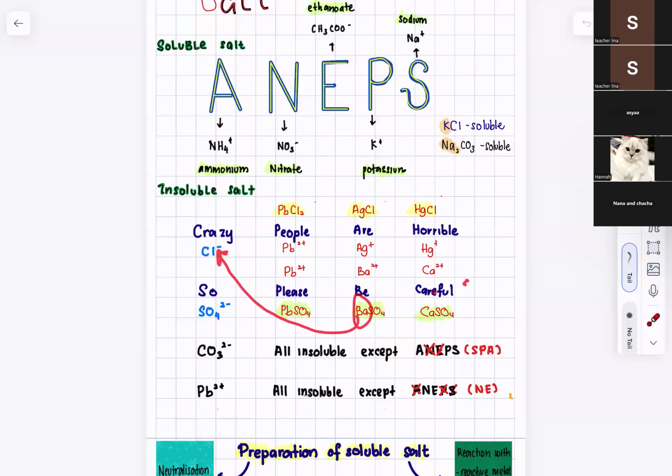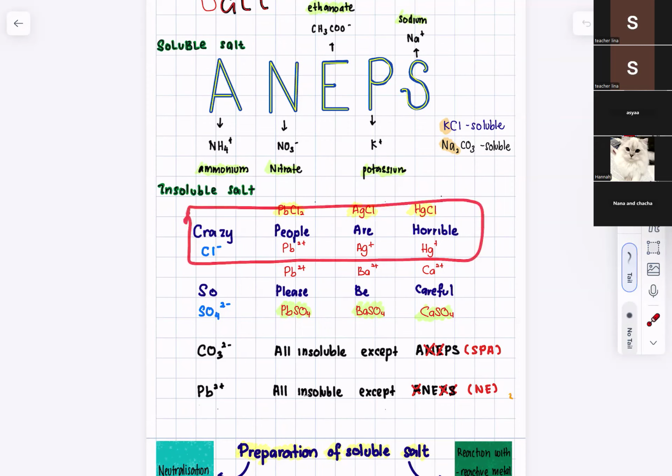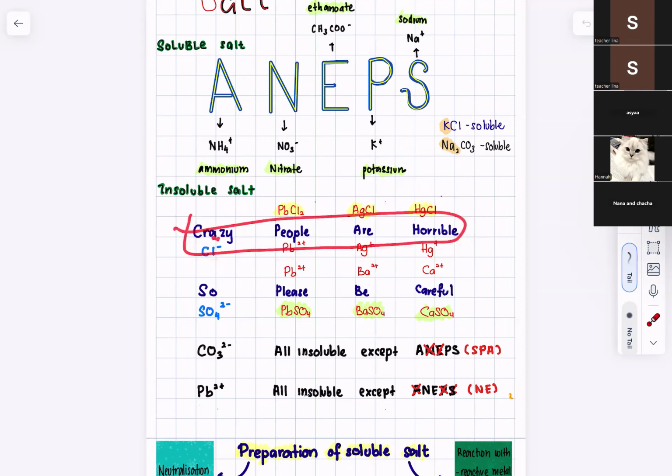Insoluble. Chloride, Chacha: chloride insoluble, only these three. Is there a barium? No. So no barium in there, so that means they are soluble. Barium, which is insoluble, only this one. Barium sulfate.